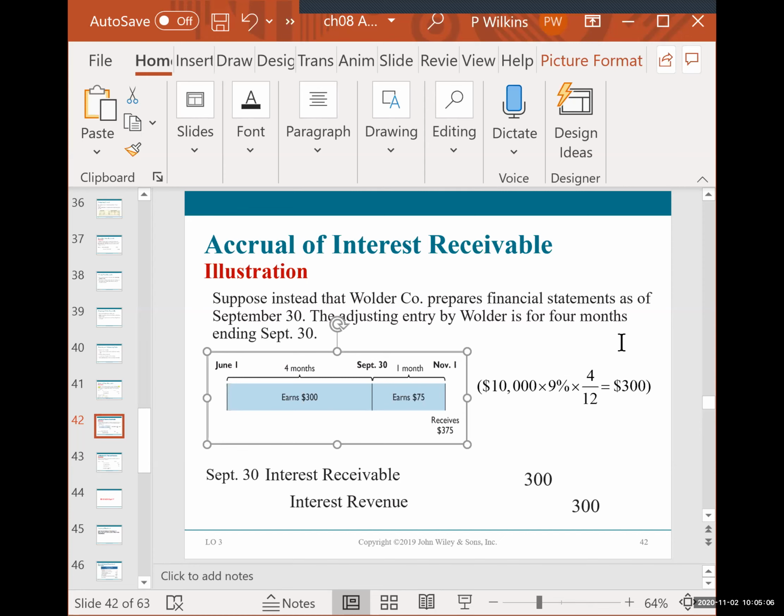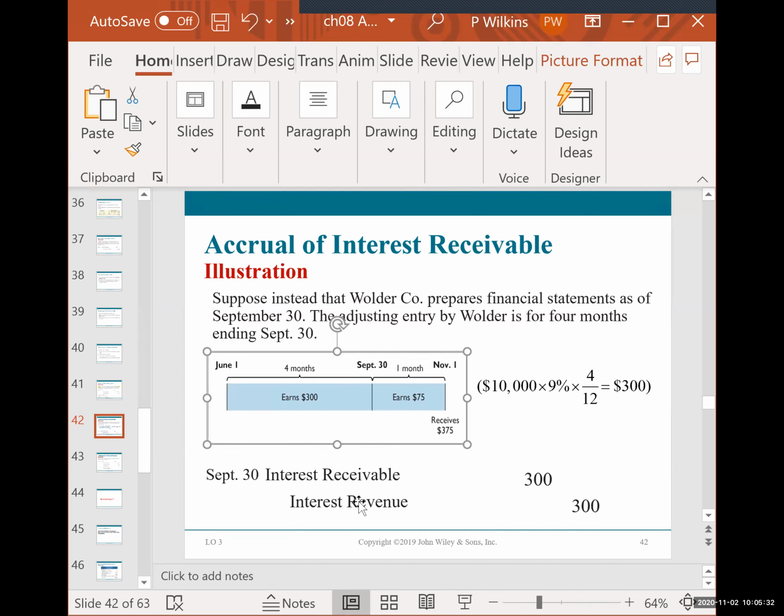So we know that the loan originated on June 1. We're doing this entry on September 30th. So it's all of June, all of July, all of August, and all of September, 4 months. So that becomes 4/12. So we're going to do the entry to recognize the interest that we've earned. 10,000 times 9% times 4/12 is $300.